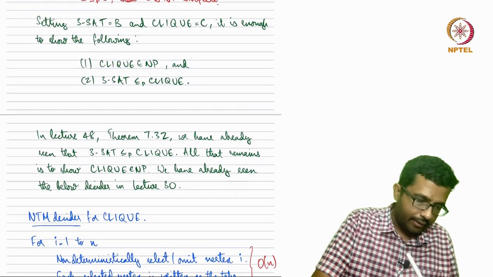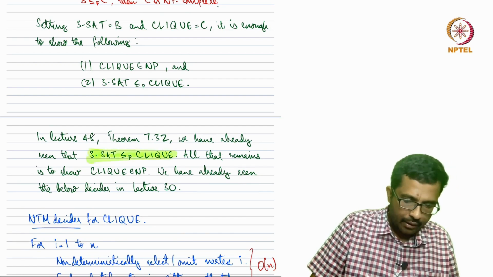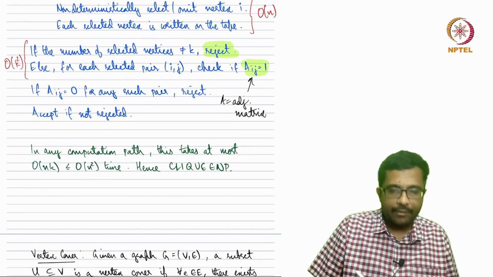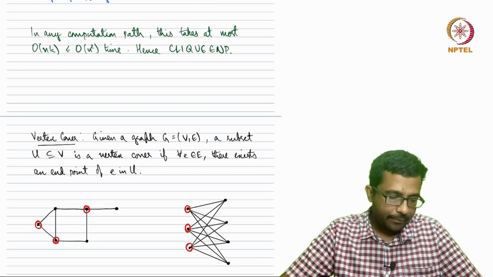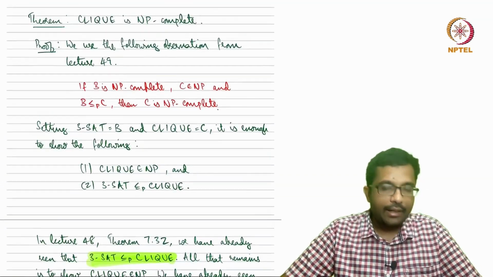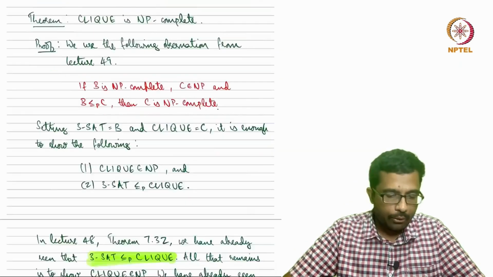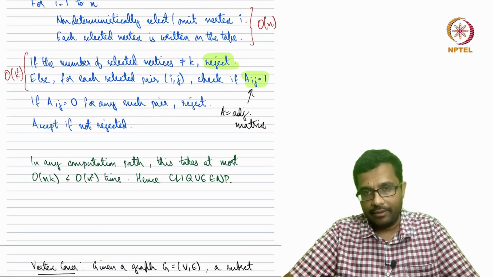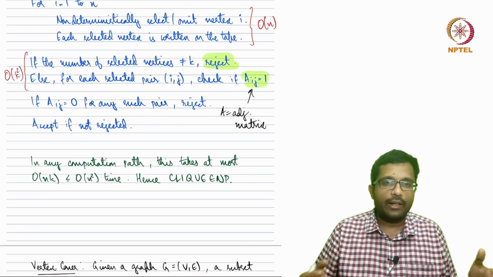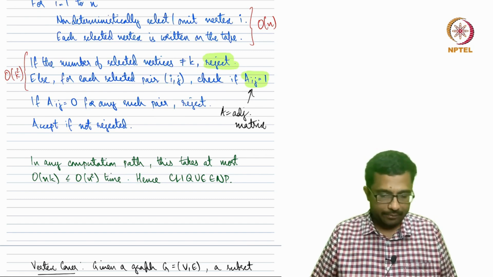And earlier, last week, we showed that 3-SAT reduces to clique. Together these two imply that clique is NP-complete, right? So that is one more language that we now know to be NP-complete. If we want to show a new language is NP-complete, we can reduce from clique. We can add clique to the arsenal of languages that we have, so that we can reduce from clique.